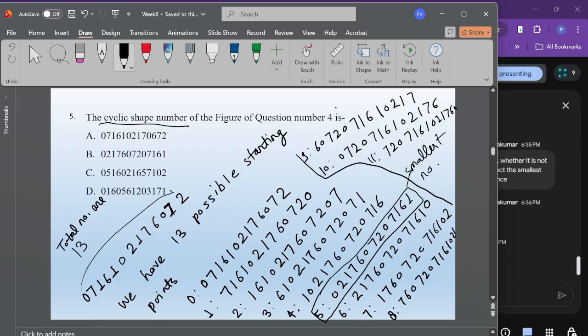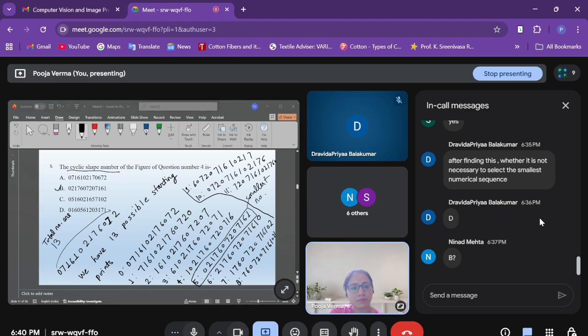So this is the correct answer. If you match it, you will get option B is the correct answer, and the other options are not matching from the given cyclic sequence. Yeah, option B is the correct answer for this question.